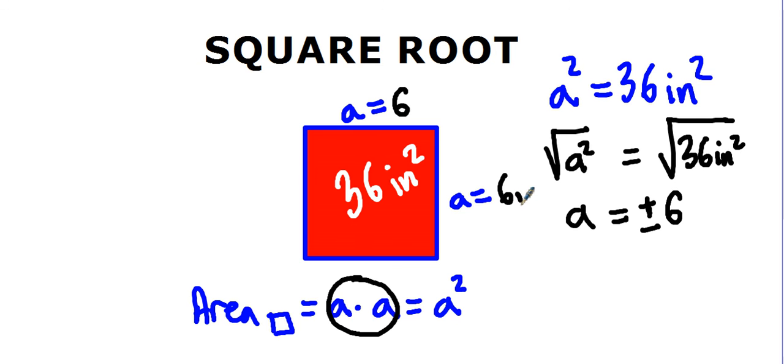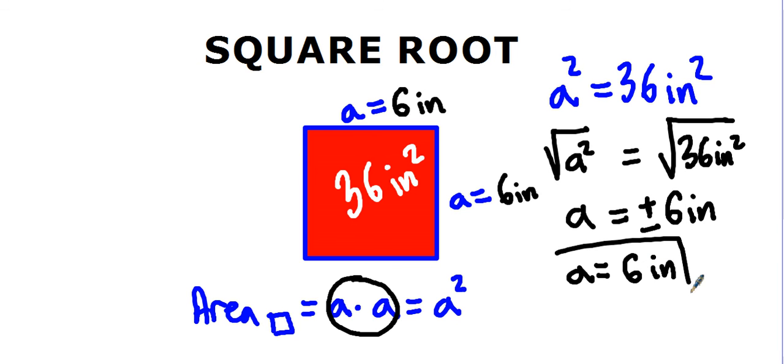We multiplied an inch times an inch. So A could be plus or minus 6 inches. But because we are talking about length, length always has to be positive. So we are going to choose as our answer A equals 6 inches. So that's just another way to think about square roots.